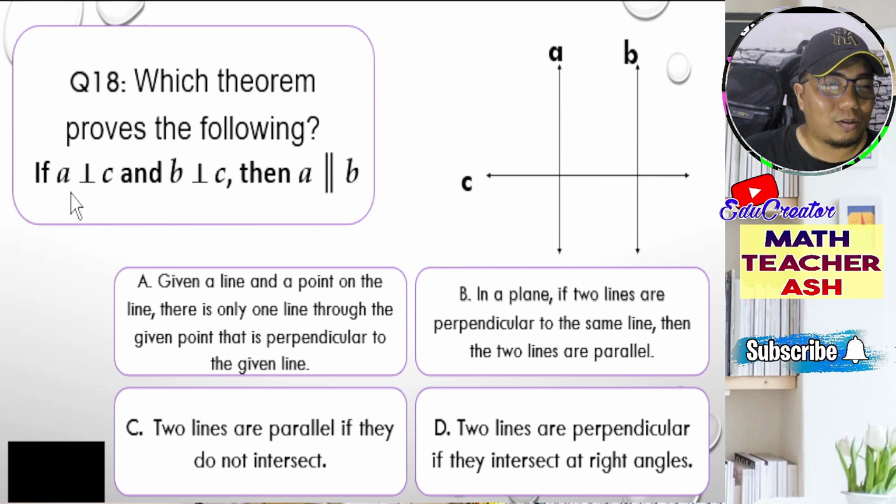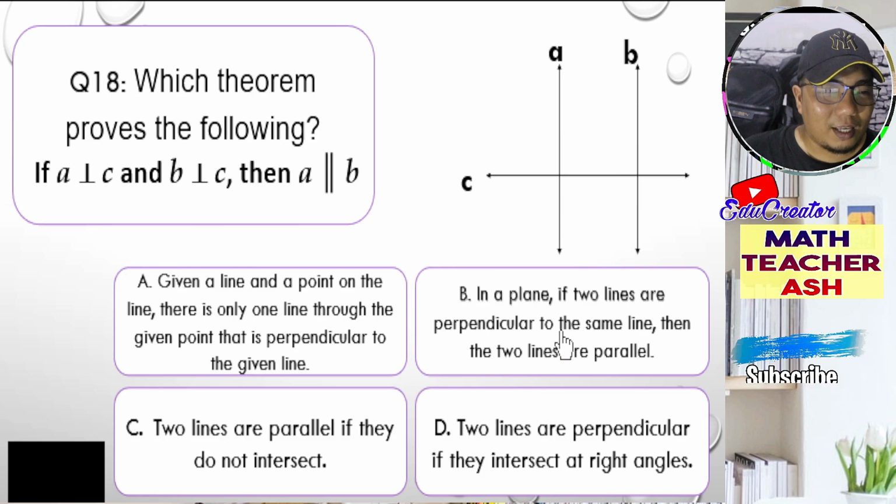As you can see, it is already given here that A and C are perpendicular, and B and C are also perpendicular. So then we can say that A and B are parallel. Among these 4 given choices, only letter B satisfies this scenario.